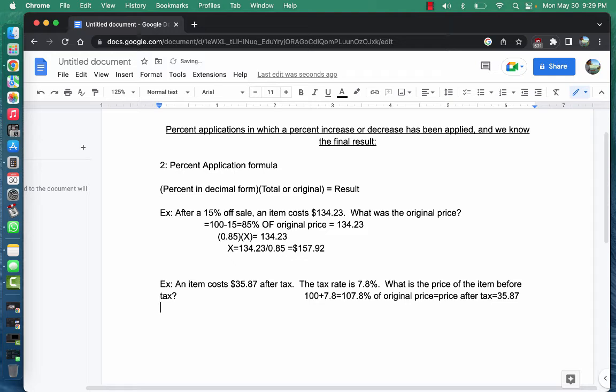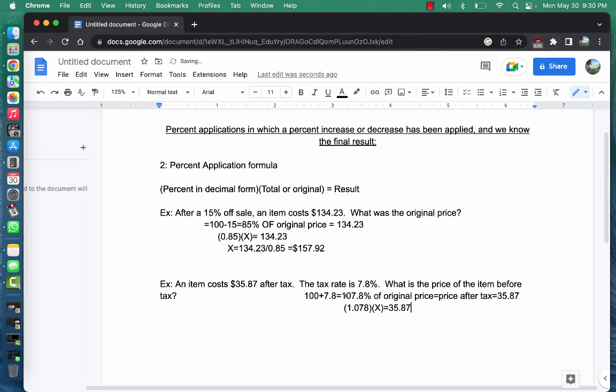So once again, now I have it in the form of a percent of something that I don't know. I convert 107.8% to a decimal, so I move the decimal two spots to the left: 1.078 times the original price, which we do not know, call that X, gives us the 35.87.